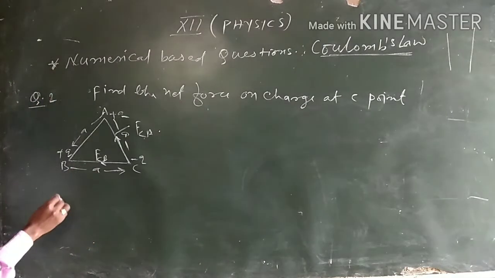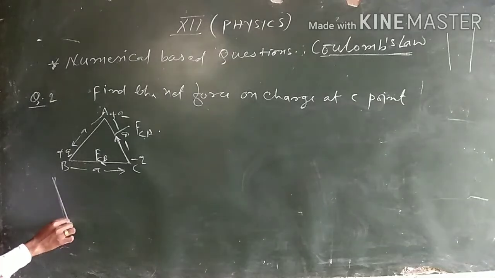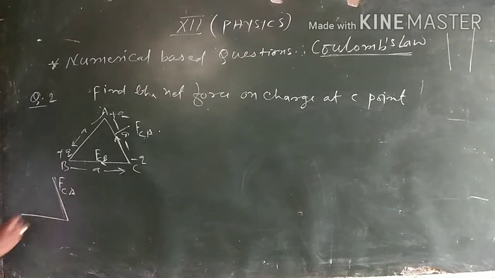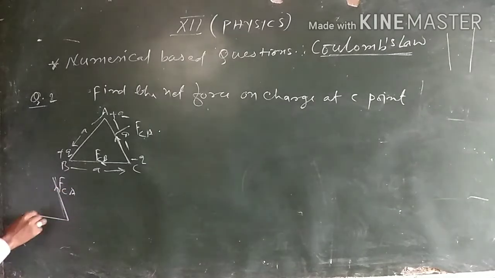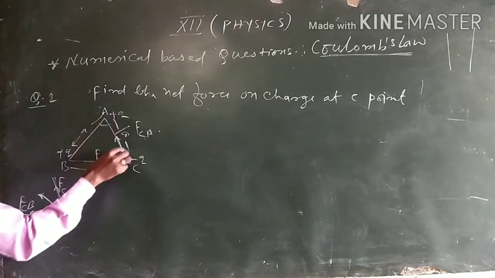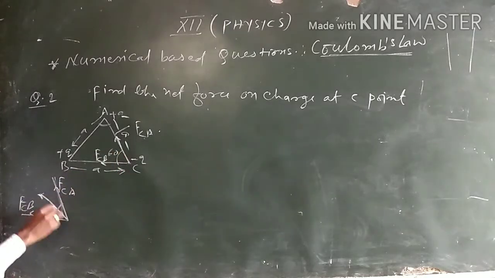We can draw our figure like this. F_CA, then F_CB. The resultant force will be this side. Here the angle is 60 degrees.